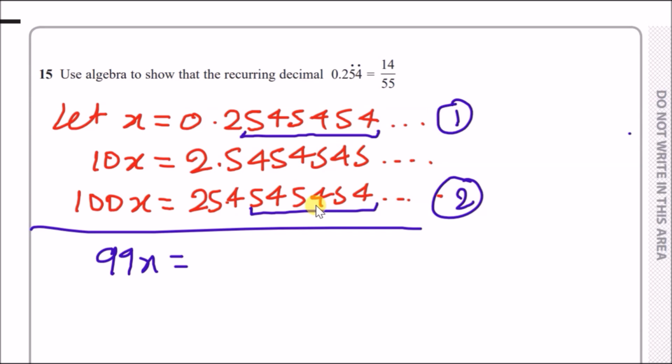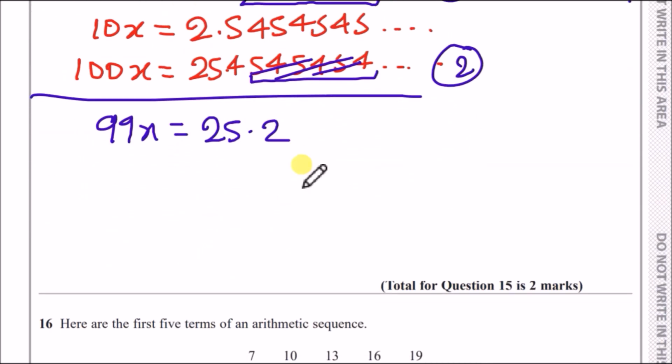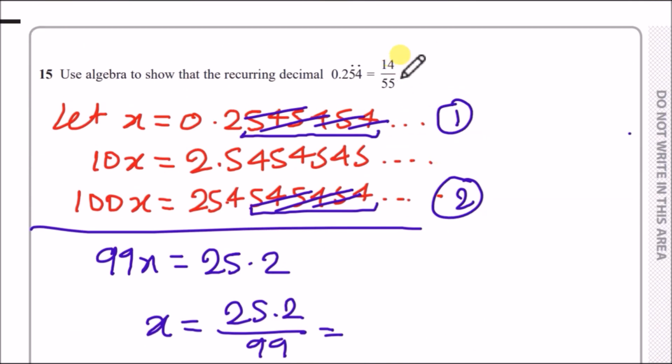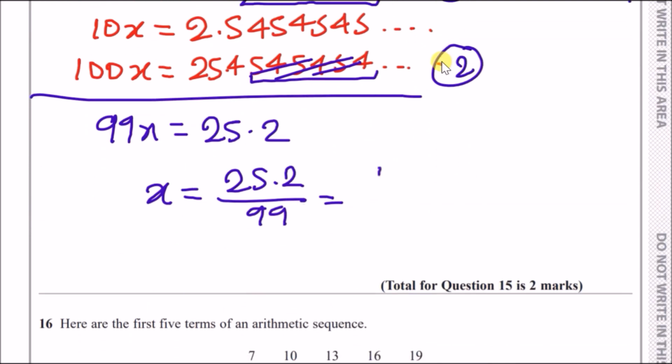So all of these decimals cancel out with this one, and you're left with 25.4 take away 0.2, which is 25.2. Okay, so that's what you're left with. And then to find x, just divide by 99 across, so x equals 25.2 over 99. And thankfully, if you put this in your calculator, you're going to get 14 over 55.